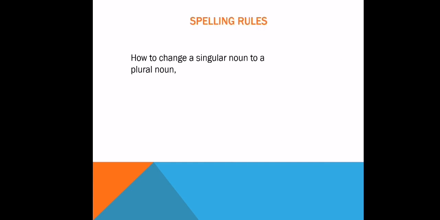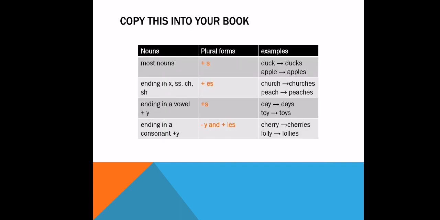Next, how to change a singular noun to a plural noun. Basically most of the nouns we don't have any problems. We just put s at the back. For example, duck, which is only one, then you change into ducks, more than one. The letter s indicates it's more than one.